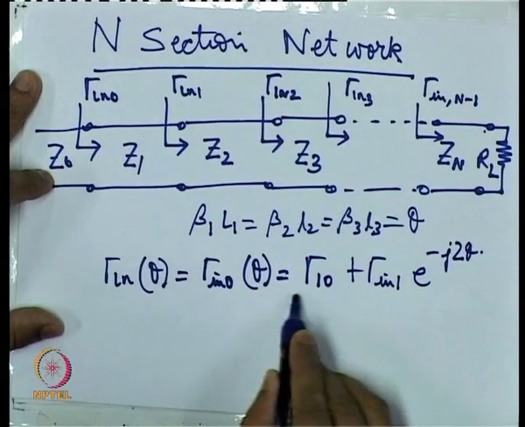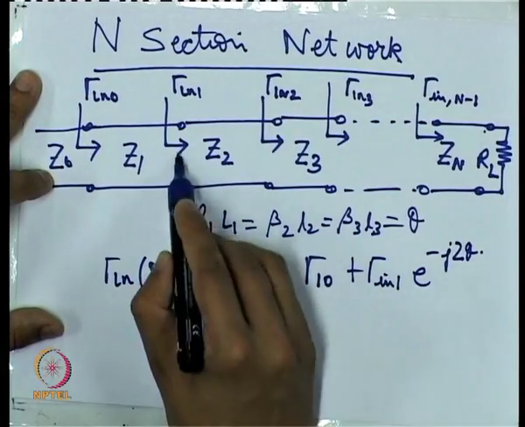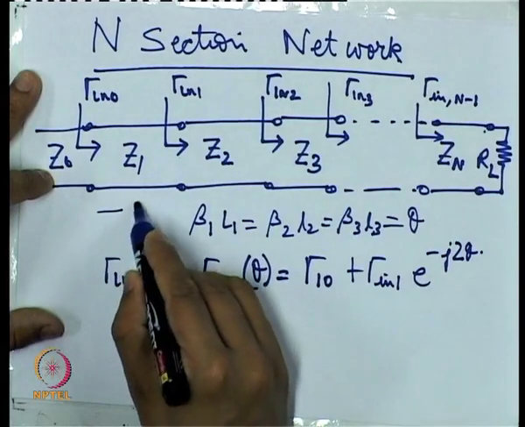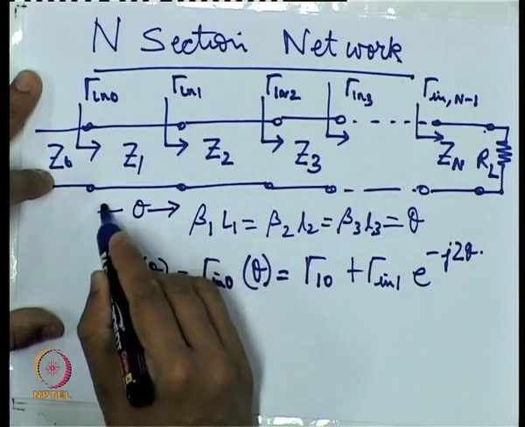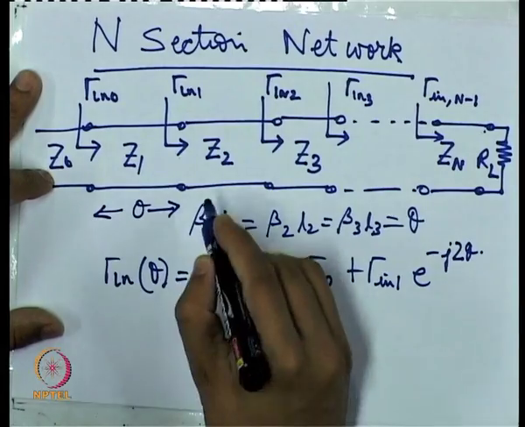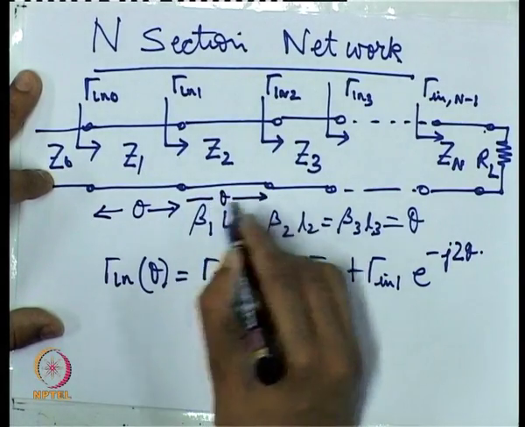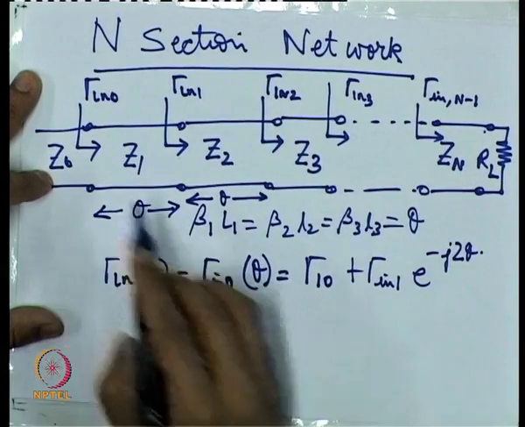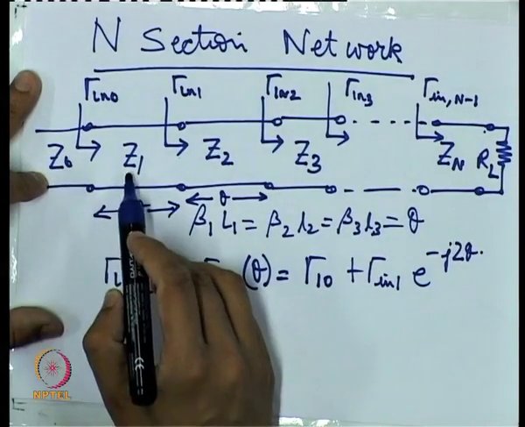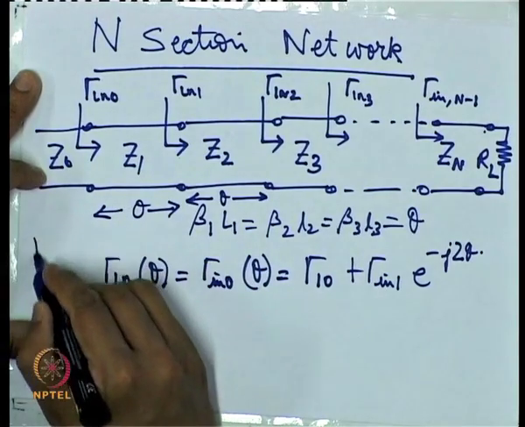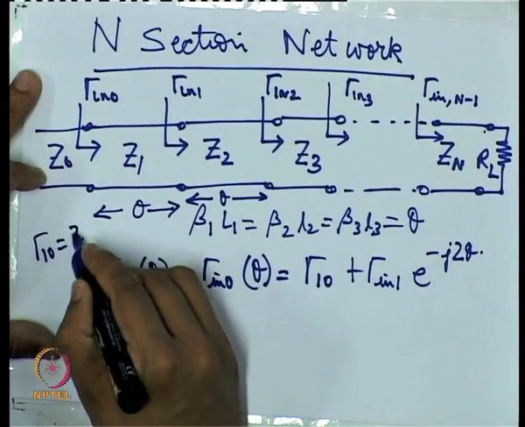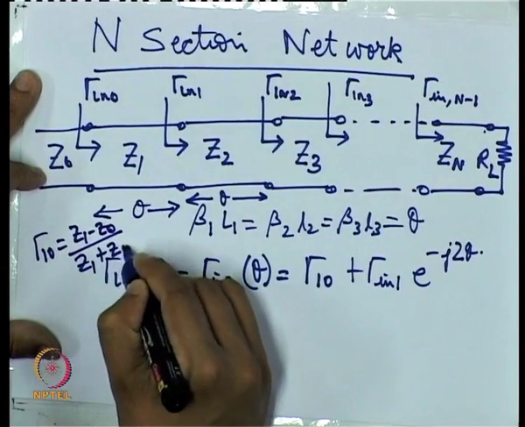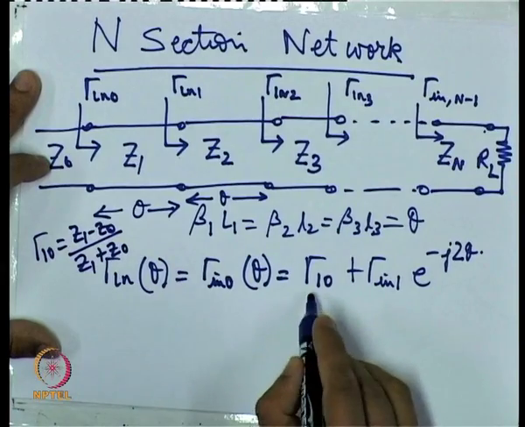So this is gamma in 1, the reflection coefficient at this point, multiplied by e to the power minus j 2 theta, where theta is the electrical length of this section and of all the sections. And gamma 1 0 is the mismatch between the beginning section Z0 and Z1, so gamma 1 0 is equal to Z1 minus Z0 upon Z1 plus Z0.